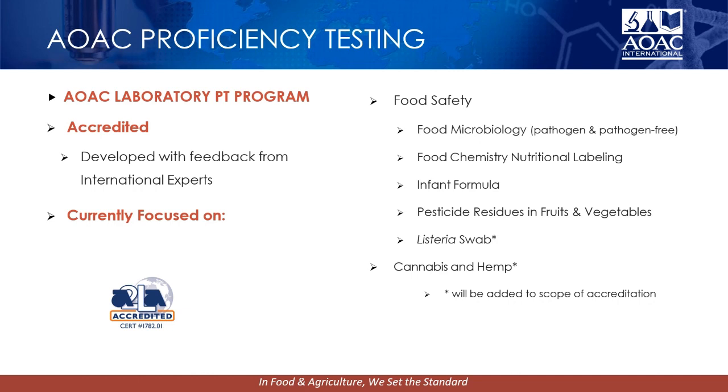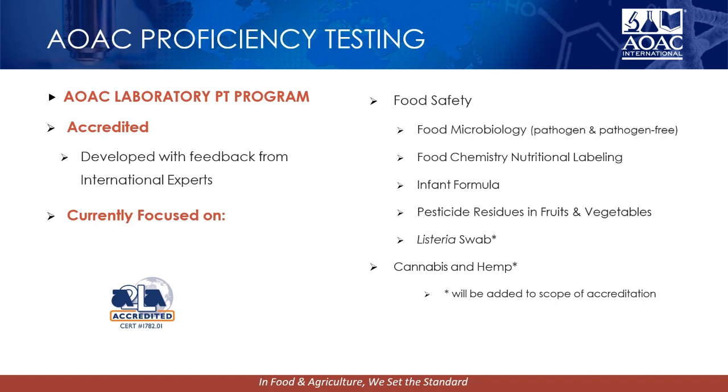Currently, the proficiency testing program at AOAC is focusing on food safety. We have programs in food microbiology, a lot of programs in food microbiology, both pathogen and pathogen-free. We offer a couple of different food chemistry nutritional labeling programs in both meat and cheese. We have an infant formula program, which is an extremely stable matrix that does not have to be shipped with ice.